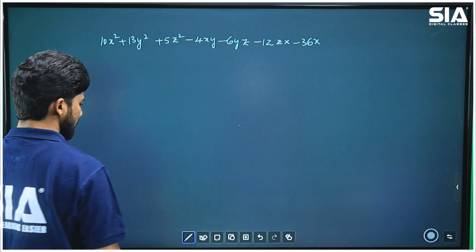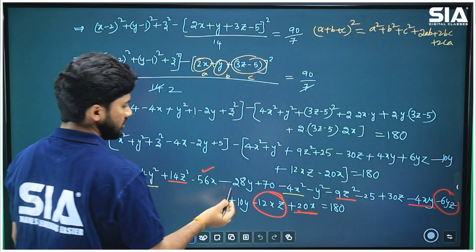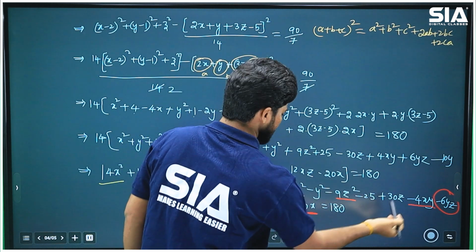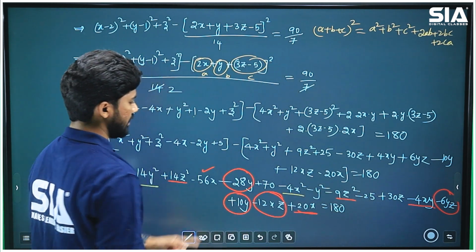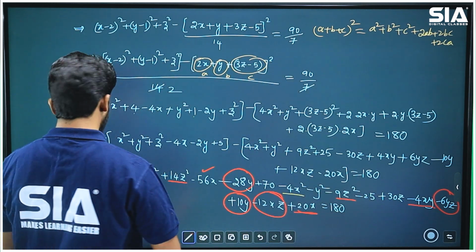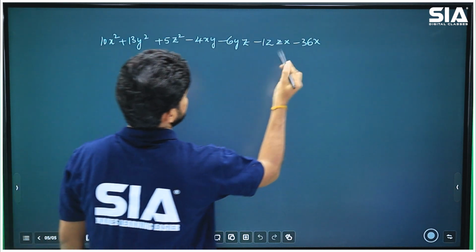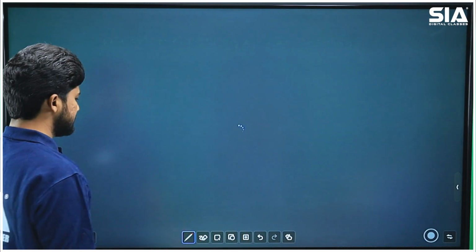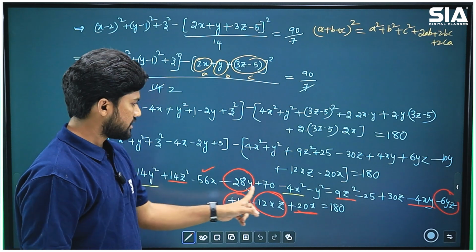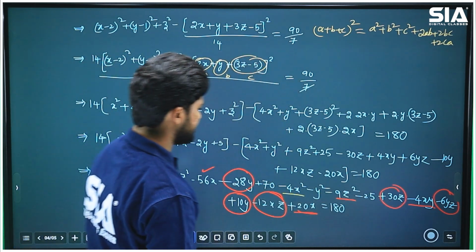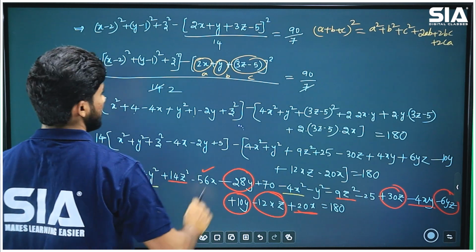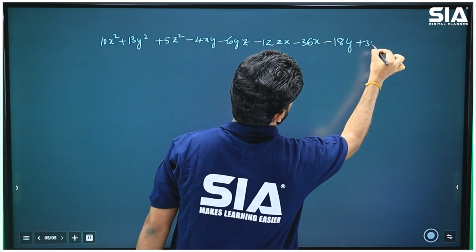Next, similarly, the y value: minus 28y, and here we have plus 10y, so minus 28y plus 10y is minus 18y. And similarly, the z value: plus 30z, only one value is there. So therefore plus 30z.